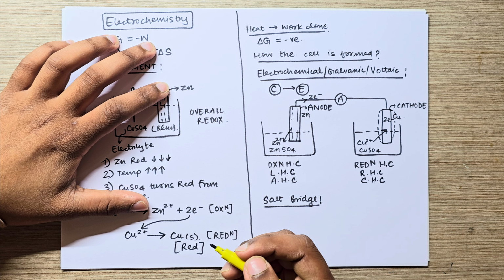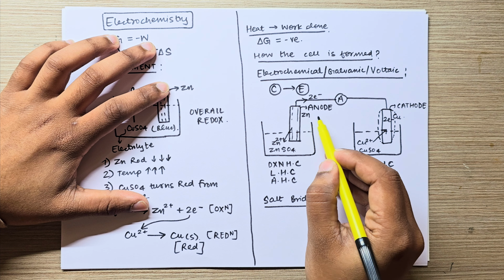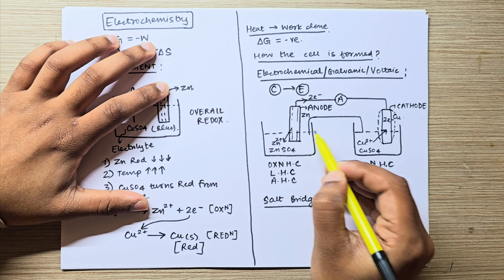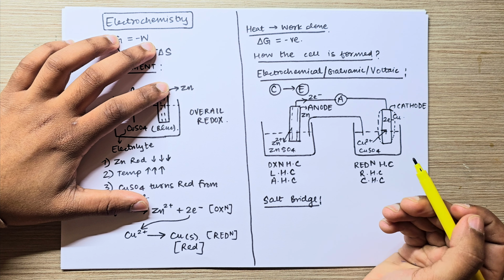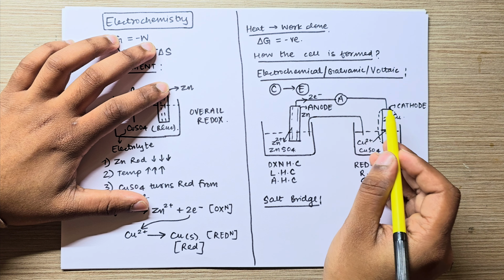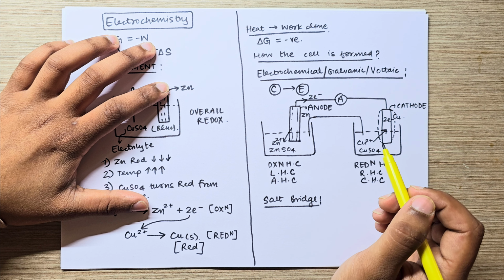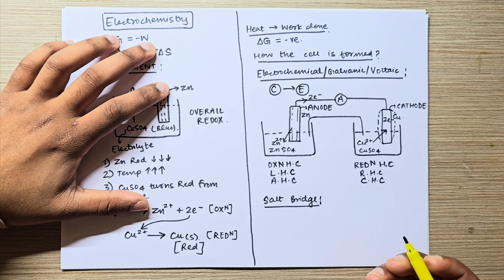We will discuss it in the next lecture, but before that, I will tell you that a salt bridge is a U-tube containing an inert electrolyte in order to complete this circuit and to neutralize the junction potential. In the next video we will talk about what junction potential is.